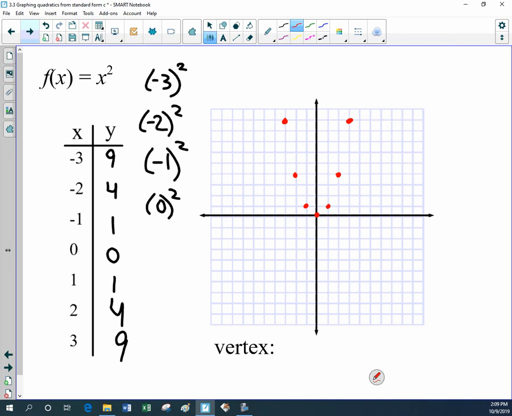The left side of the graph is the same as the right side. And this line right down the middle would be the axis of symmetry. And our graph would look like this. This point here would be the vertex of the graph.